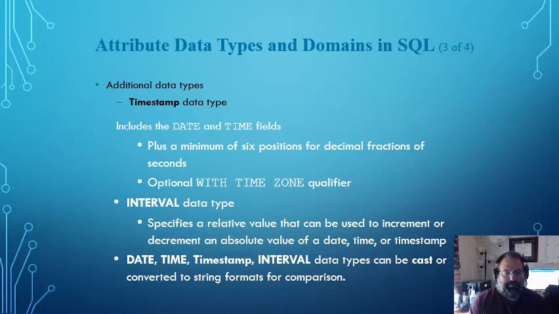You also have interval data types, which deal with duration or a range associated with a date time construct. And there are also date, time, timestamp, and interval data types that can be cast or converted to string types for comparison, either natively or through conversion.